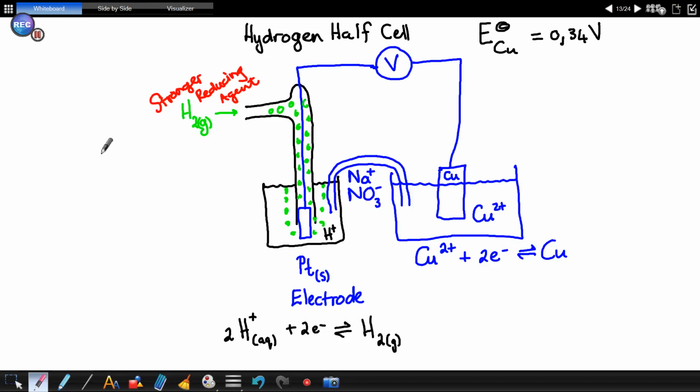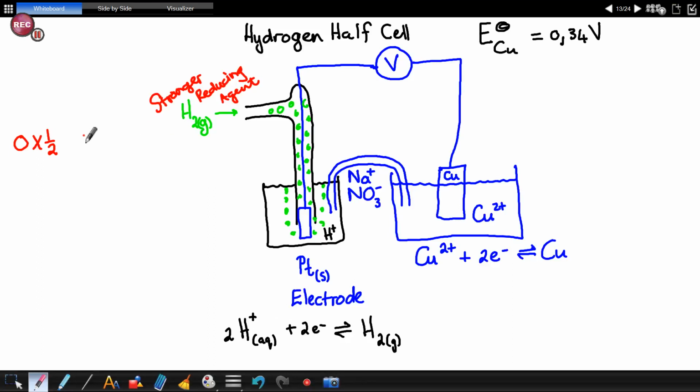So which reaction will take place here? Is it the two hydrogen ions plus 2 electrons going to hydrogen, or is it the hydrogen going to the ions? What is happening here? It will be the oxidation half reaction. Which is the oxidation half reaction? Oxidation is a loss of electrons.